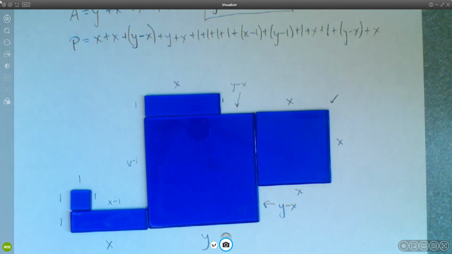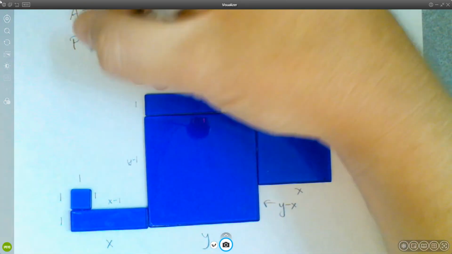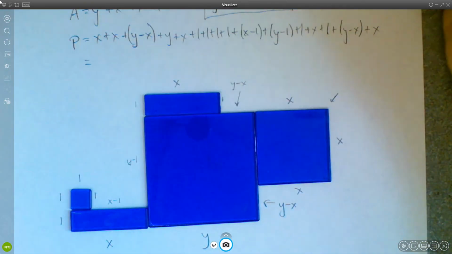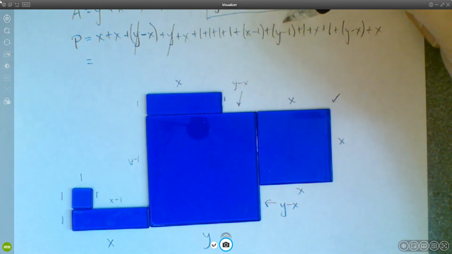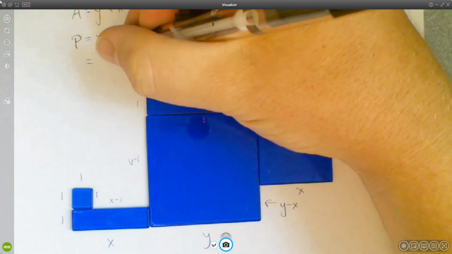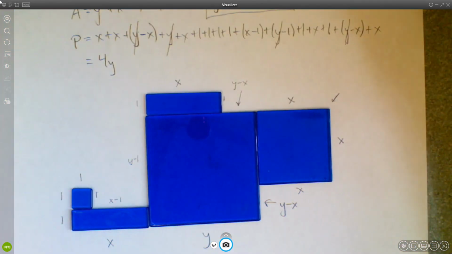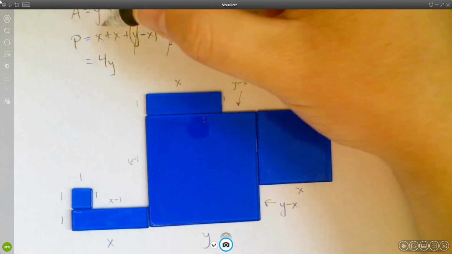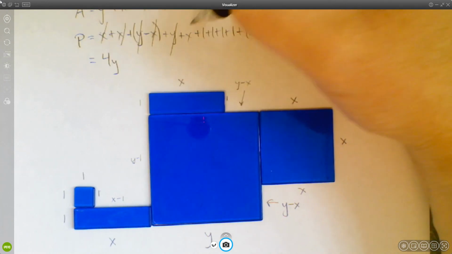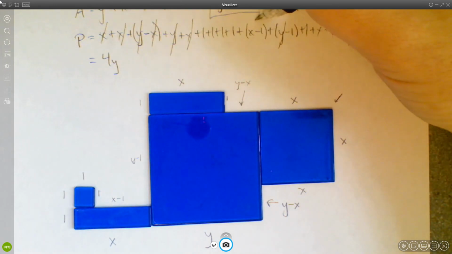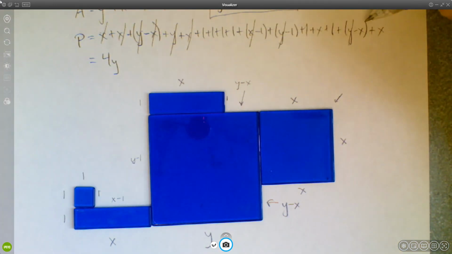Okay? Now let's see if we can combine our like terms. I'm going to collect all of my y's first. So I've got 1, 2, 3, 4. So 4 y's. How many x's? I've got 1, 2, minus 1 is 1, plus 1 is 2, 3, 2, 3.